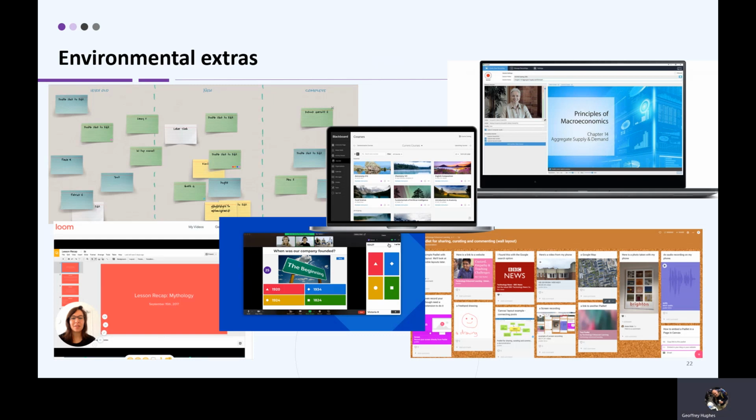We know what we've got at hand because we've been using it for the last year. So we've got plenty of environmental extras, and there's a multitude of different things out there. What I would strongly recommend, if you're not using anything like this at the moment but you're interested to, is to try and familiarize yourself with a selection of 3 online strategies, because there's such a plethora of different things to use.